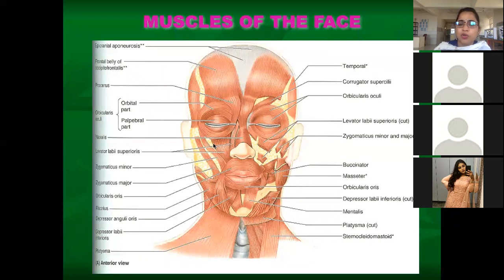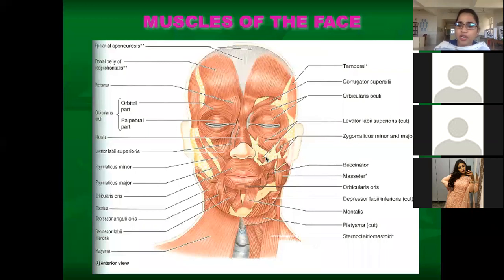These two muscles are going to the zygomatic bone. The zygomatic bone is the cheekbone. In the skull, you can see these are the zygomatic bones. So these two muscles are coming from your upper lip and going to the zygomatic bone for attachment. What are these two muscles called?